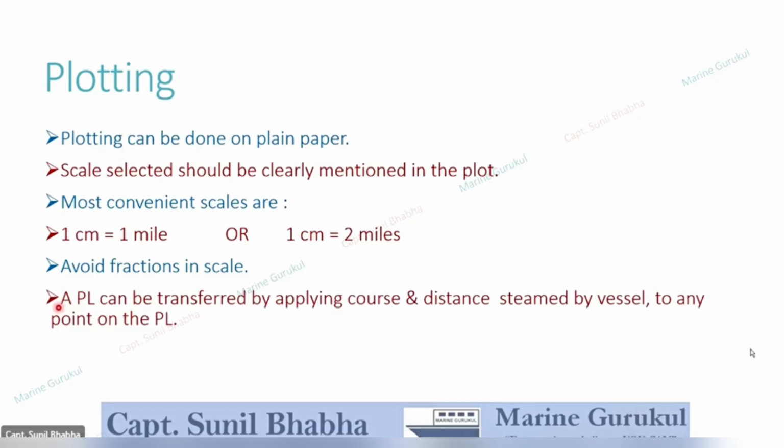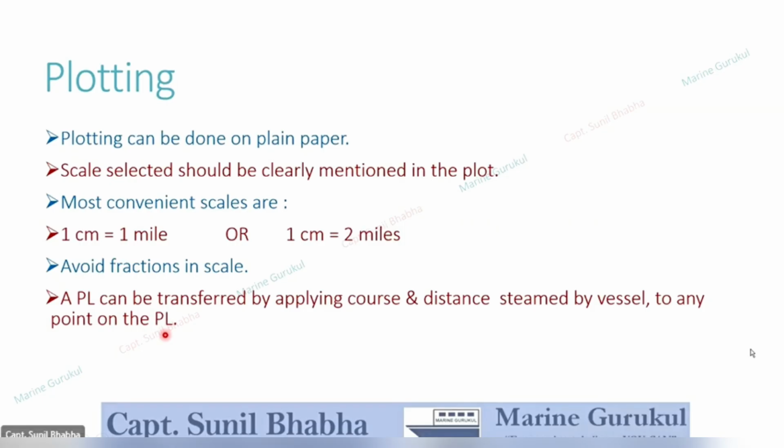Now in staggered plotting questions, we need to transfer a position line. The position line can be transferred using two different methods. Either the PL can be transferred by applying the course and the distance steamed by the vessel to any point on the position line. The first method is you can straightaway apply the course and distance on any point on the PL.